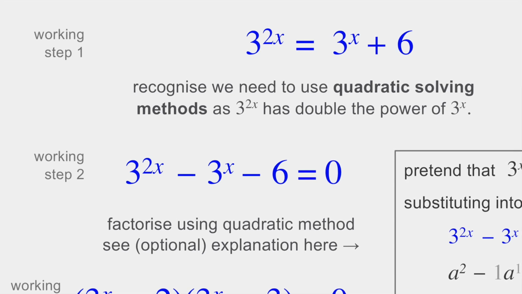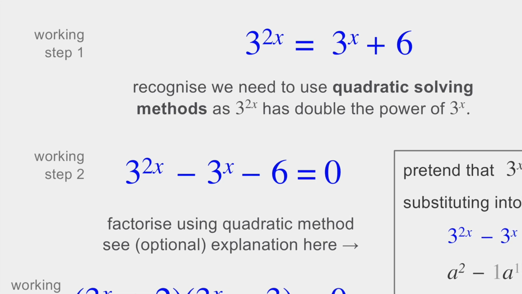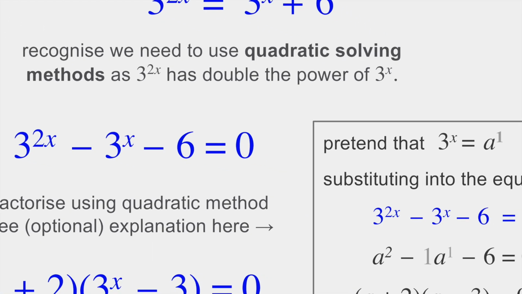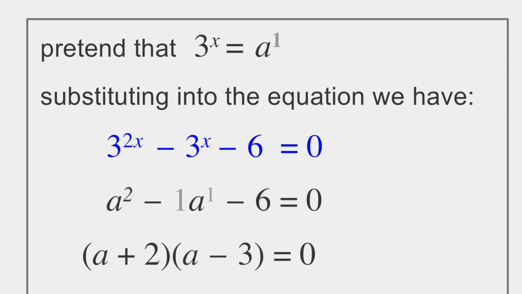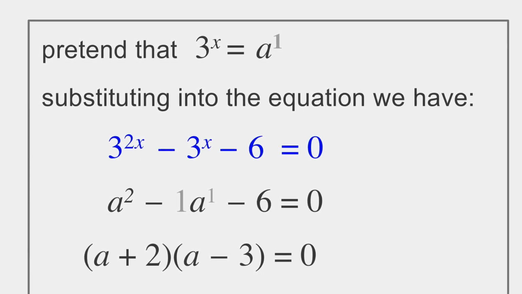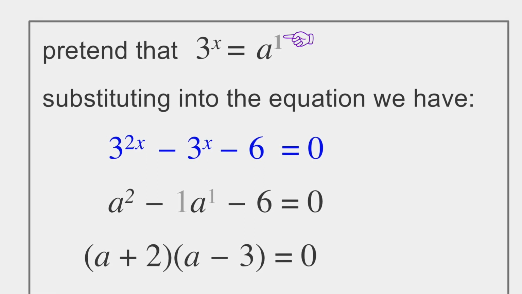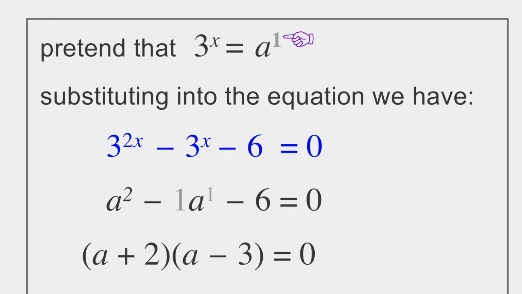In the next step, I need to factorize this equation. The factorization I will explain a little bit if you just follow me down here. If for a moment we pretend that 3 to the power of x is like a, and I've just put the power of 1 here just so that you could see that this is still just a, even though you don't write the power is 1.